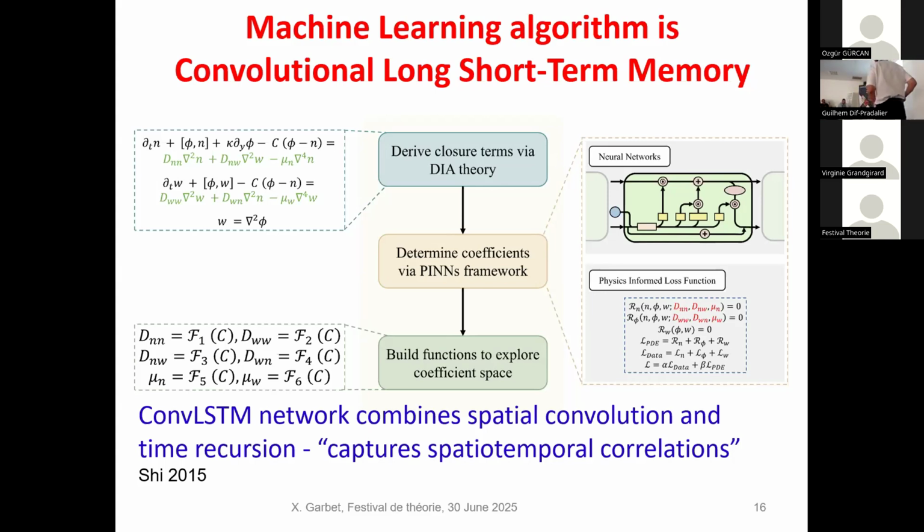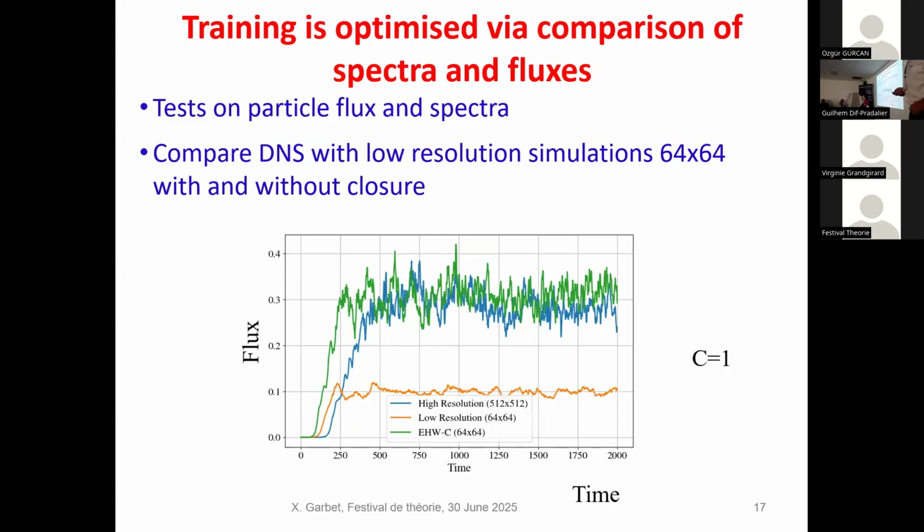The other thing is that the loss function here is still in the spirit of physics-informed. So you're minimizing the norm of your partial differential equations, but it's computed in Fourier space. Of course, it's much more costly, but you have much better accuracy in the computation.